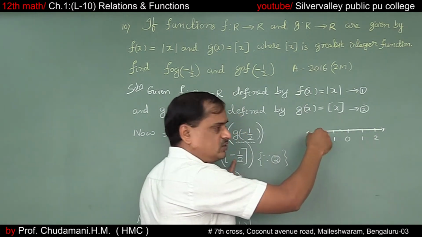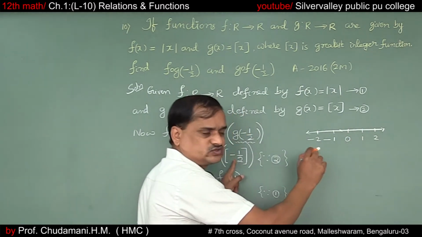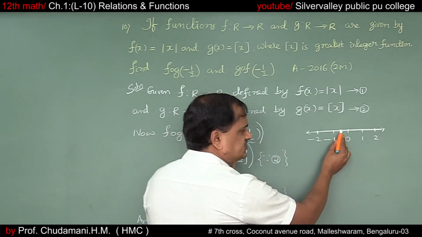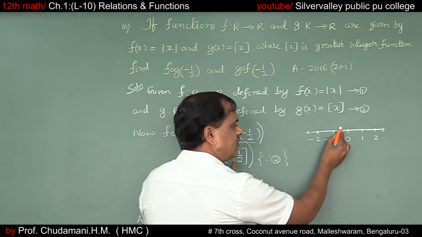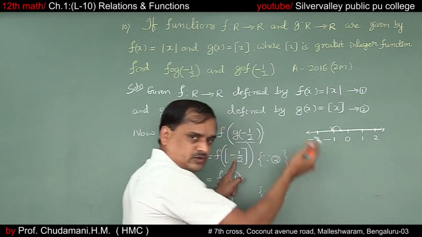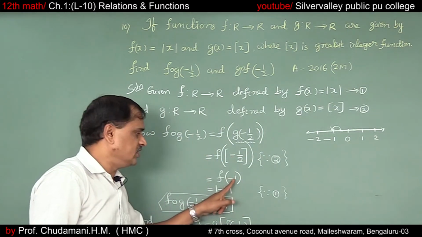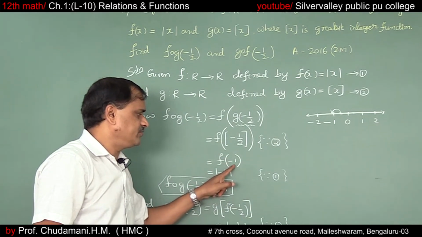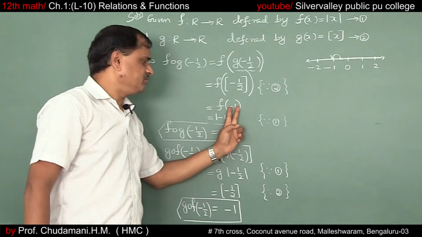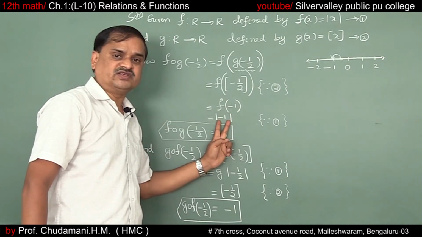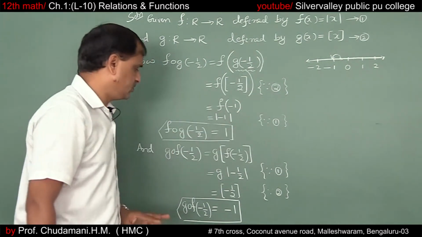It rolls back, so the greatest integer function of 0.9 is also 0. Similarly, the greatest integer function of minus 0.5 means minus 1. So lower limit, so the greatest integer function of minus 1 by 2 is minus 1. So f of minus 1. f of x is what? Mod x. f of minus 1 means modulus of minus 1. Modulus of minus 1 means 1, using equations 1 and 2.